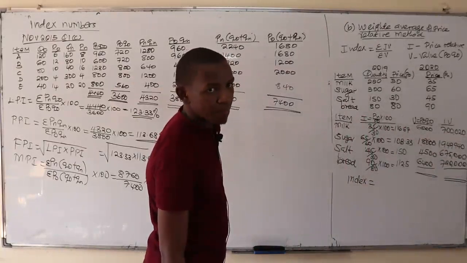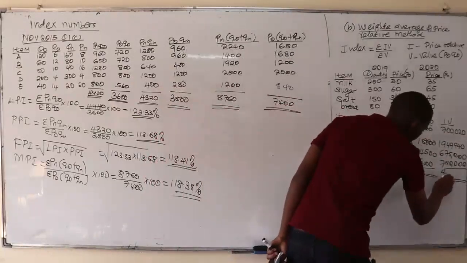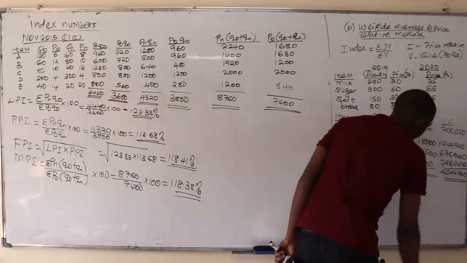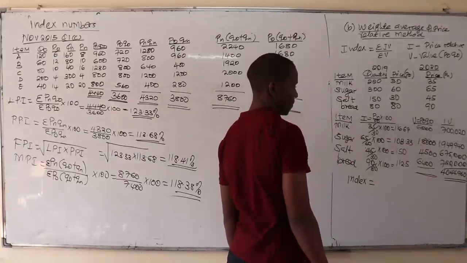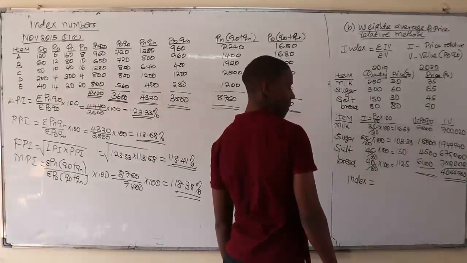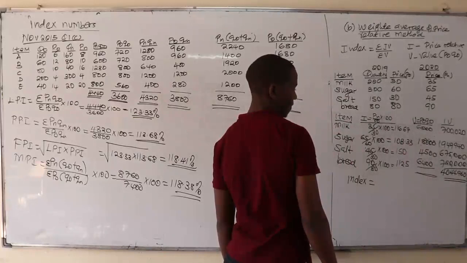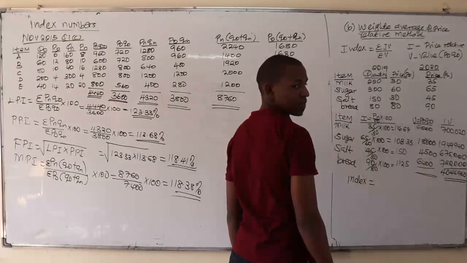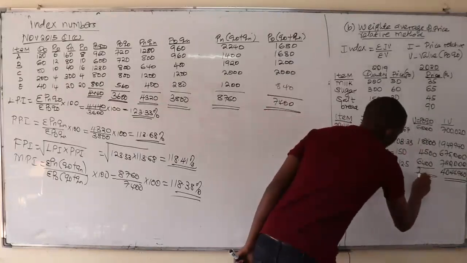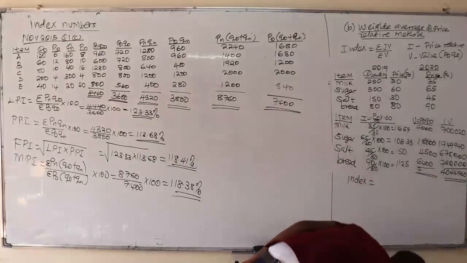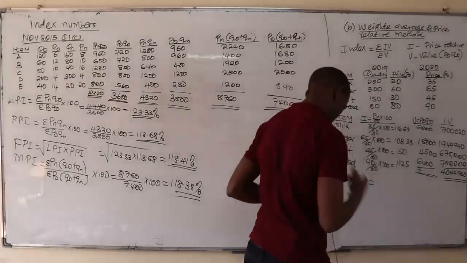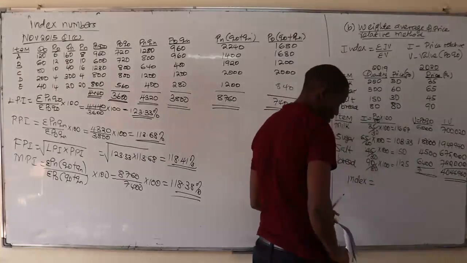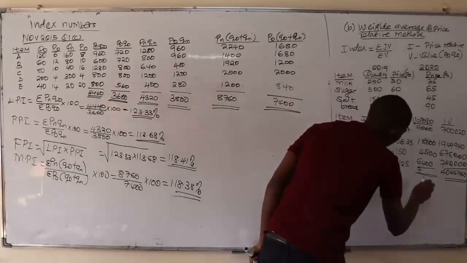Total ni ngapi? 40? Yes? 75,400. Okay, 75,400.